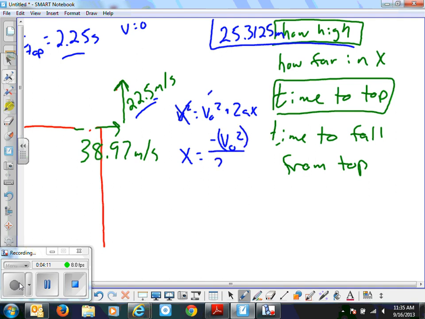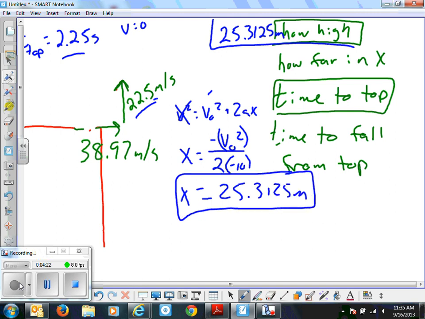Divided by 2 times negative 10. X then equals, oh, same answer, 25.3125 meters. Now, as long as you did all your signs correctly, that should be a positive number, which is correct because our velocity is positive, so our displacement needs to be positive. And the other confirmation of that is we're saying that our acceleration, which is downward, is a negative 10, as pictured right there. Okay? So there's a couple of ways to do how high.